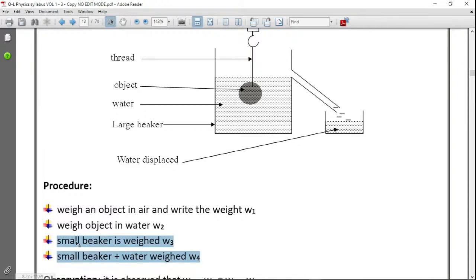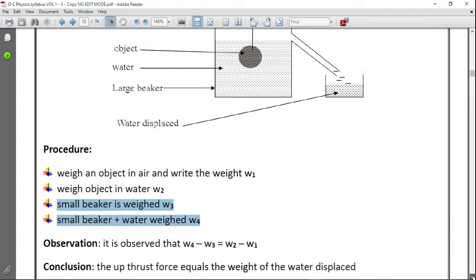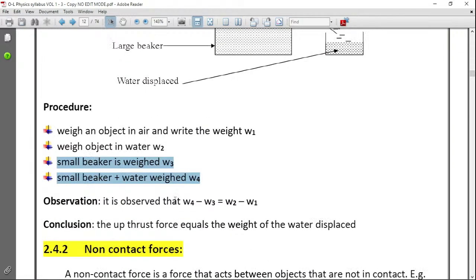And then now we have the weight of the stone in air and the weight of the stone or object in water. Now what's the observation? You will see that W4 minus W3 will be equal to W1 minus W2.